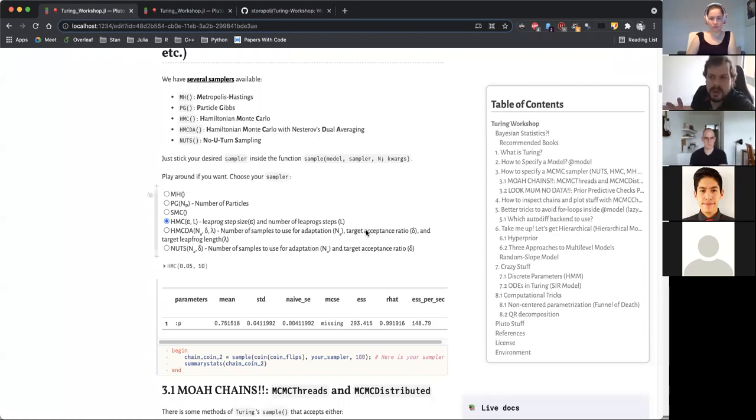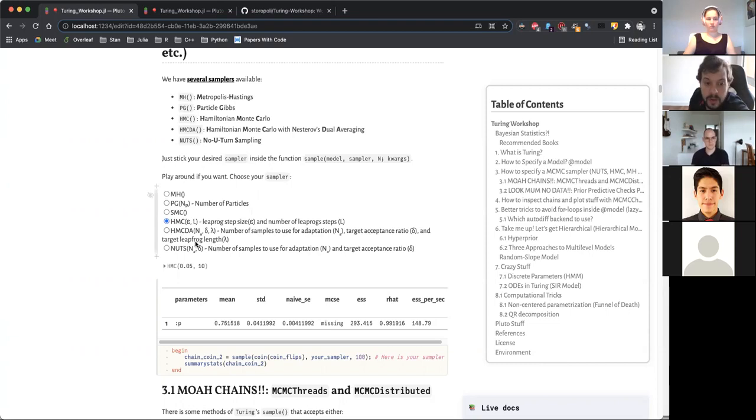We usually use 0.65 because it was proven that it is the best asymptotic acceptance rate that Hamiltonian Monte Carlo can give you.